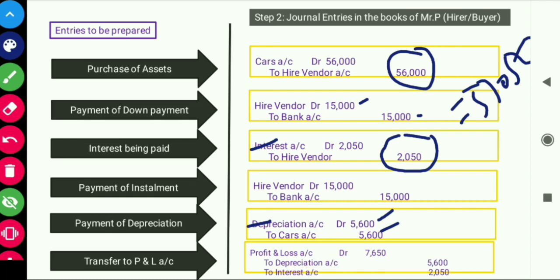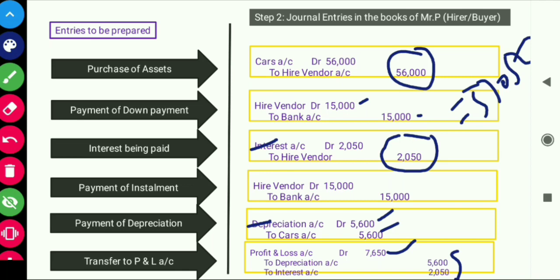These two are expense in nature, that's why in the profit and loss account these two appear on the debit side. So make the profit and loss account debited, then these two to be credited. It means it reduces the profit. In case before these two entries the profit is 10,000, after these entries the profit is reduced.